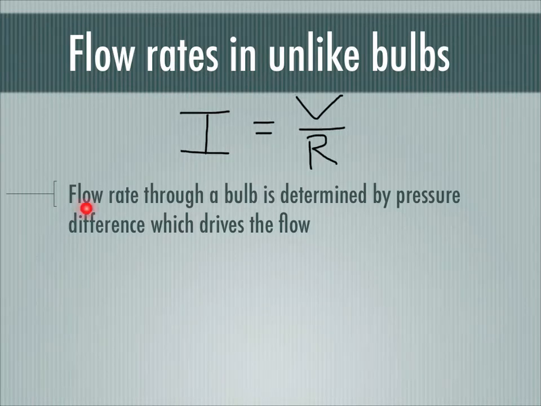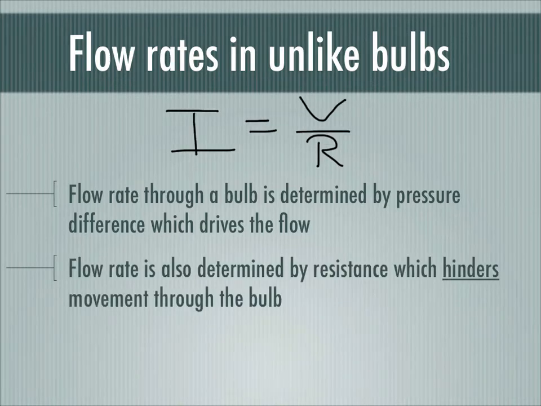The flow rate through a bulb is determined by the pressure difference which drives the flow, and also by the resistance which hinders movement through the bulb. So to have the same flow rate in both bulbs, if they have different resistances, they'd have to have different pressure differences.